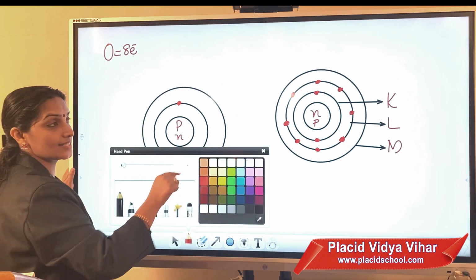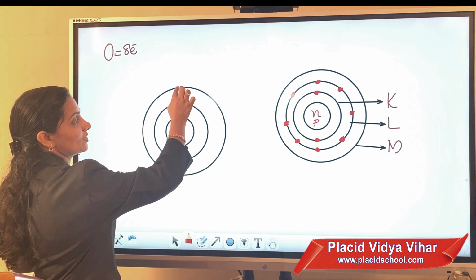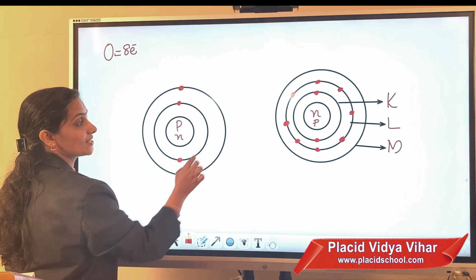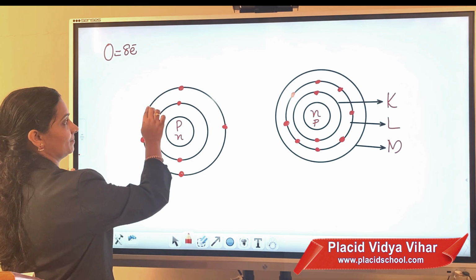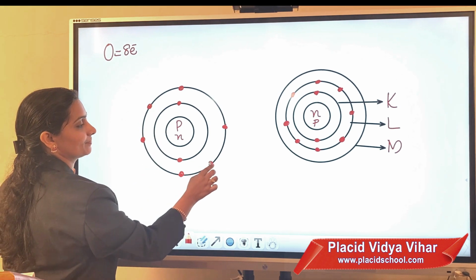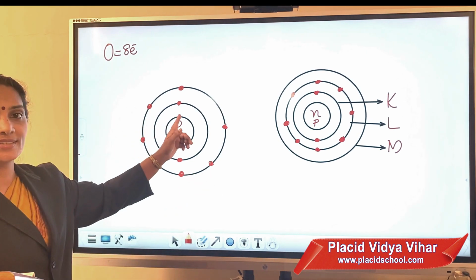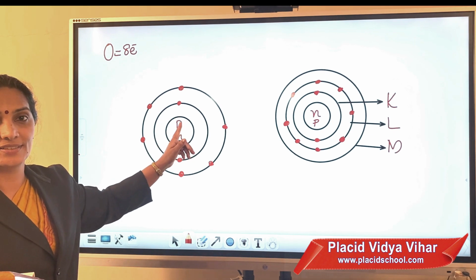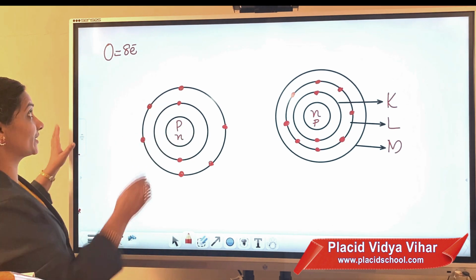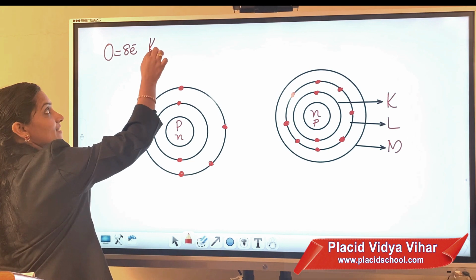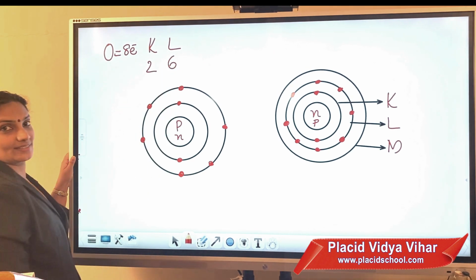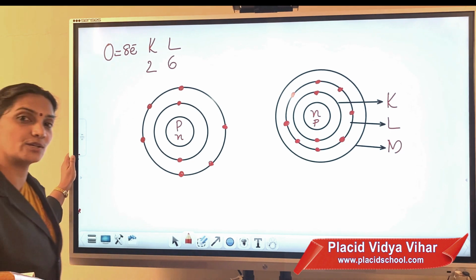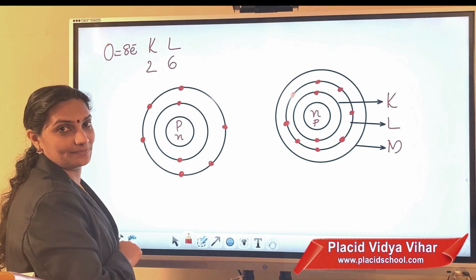L shell has 6 electrons in the case of oxygen. This is the structure of oxygen. We can write its configuration as K has 2 electrons, L has 6 electrons. This is the electronic configuration of the oxygen atom.